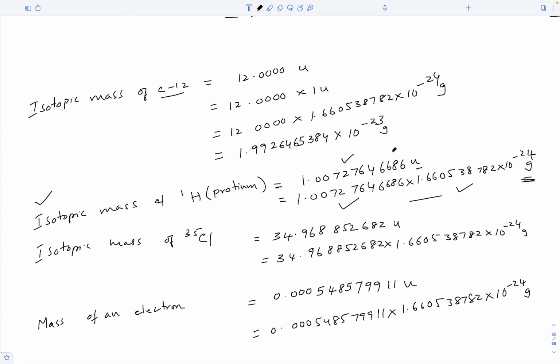We use mass spectrometers to measure masses of particles in unified atomic mass unit, not only because those numbers are convenient to us, but also because we can measure them with terrific accuracy that is required to calculate masses of such small particles in grams and kilograms.